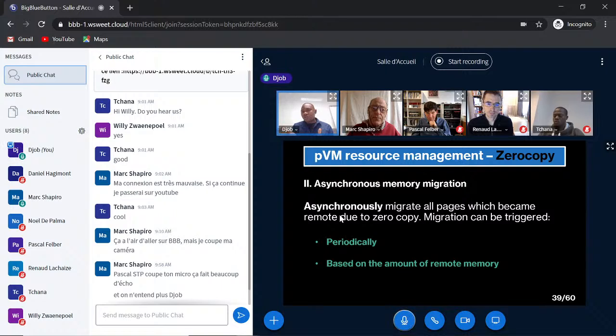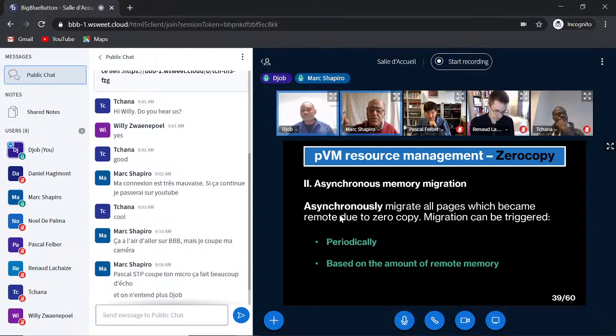The solution we propose here is periodic and based on the amount of remote memory. If the page is in use, we need to wait until the page is free before copying it. And what's the mechanism for knowing whether the page is in use? We just look in the kernel to see if this page is currently locked by a process in the kernel. That is it.